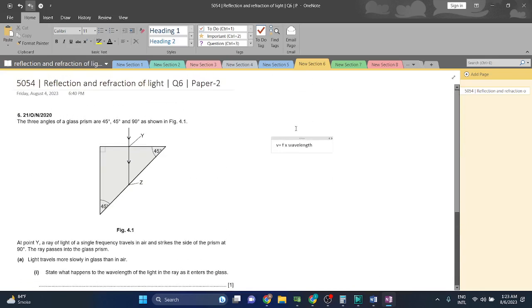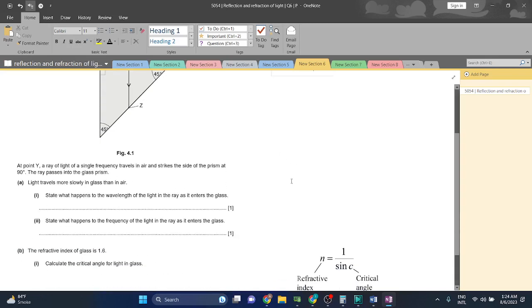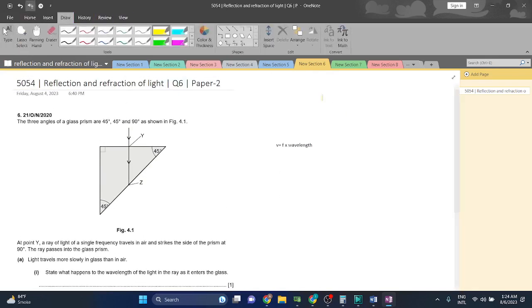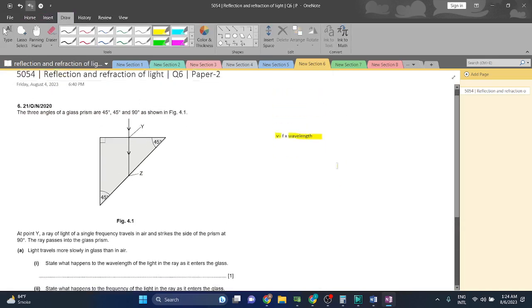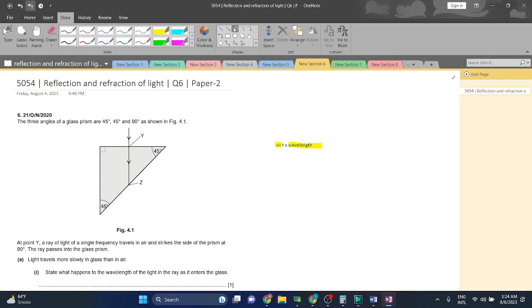So first of all you have to remember this. Now repeat this in your mind three or four times. If the velocity is decreased, the wavelength will decrease. If either of them is decreased or increased, the frequency will not change. Frequency will stay constant. So the only two varying factors are velocity and wavelength, and if either of these two is decreased, the other will decrease as a result.